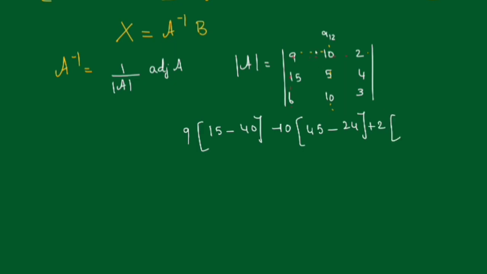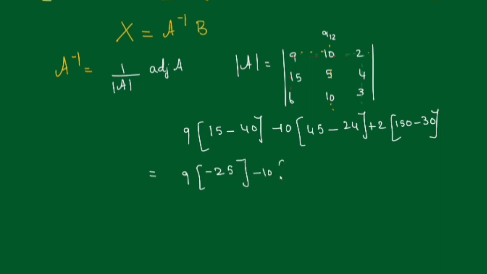Only for the odd places you have to change the sign of the element. So plus 2 into, now 2 is in A13, so cut this row and this column. You are left with 15, 5, 6, 10. Cross multiply, so 15 into 10, 150 minus 30.